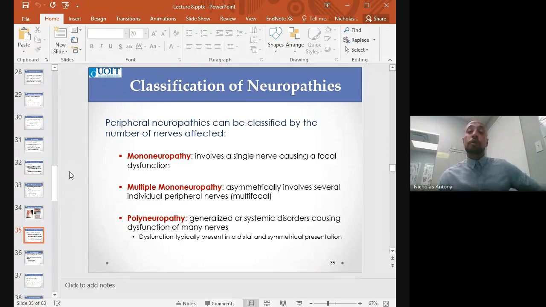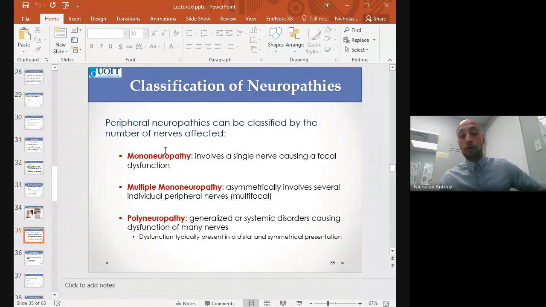So now we're going to finish off the lecture by talking about the classification of neuropathies. Now we understand the different changes that you can get with peripheral nerve injuries. There's 3 different classes of nerve injuries based on grading. The first grading system is how many neurons are getting affected.